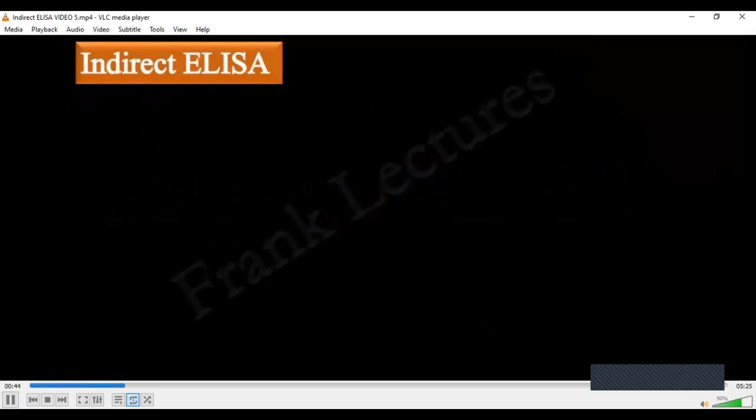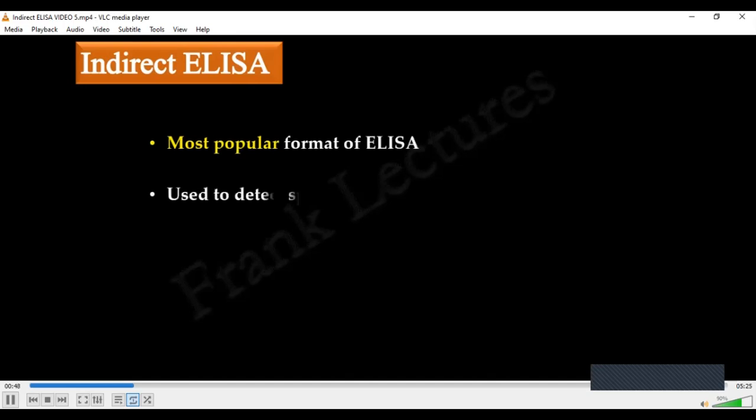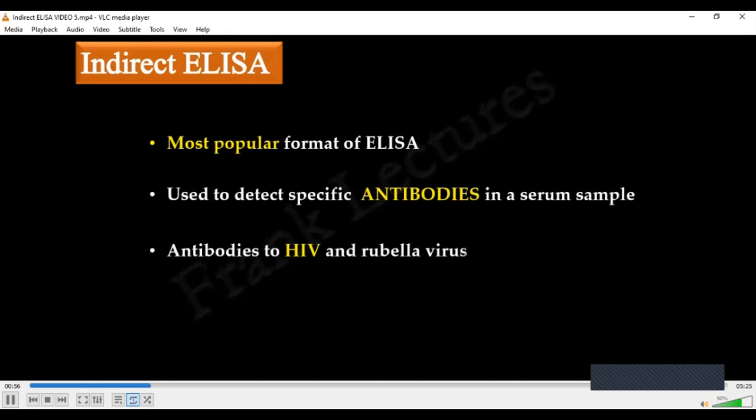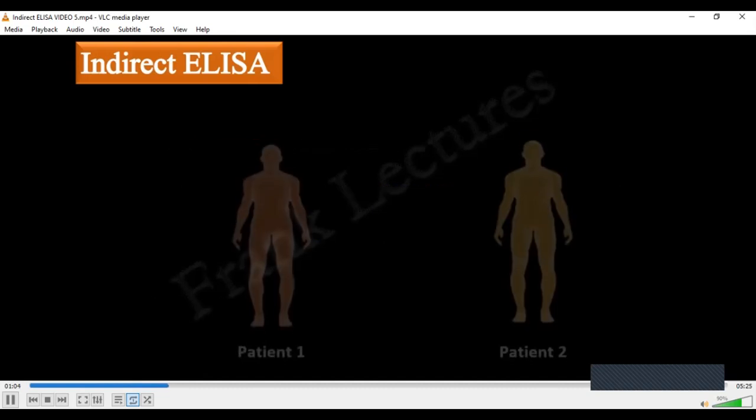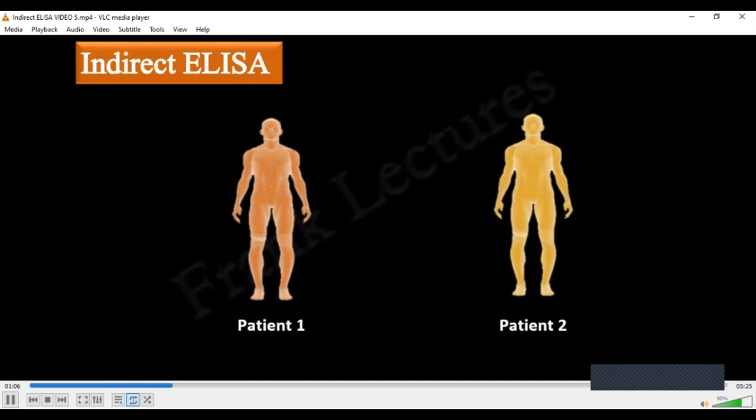Indirect ELISA is the most popular. It is used for the detection of specific antibodies in a serum sample. For example, for antibodies to HIV, rubella virus, and to detect certain drugs in serum. Suppose we want to detect and confirm the presence of particular antibodies in the serum of patients.